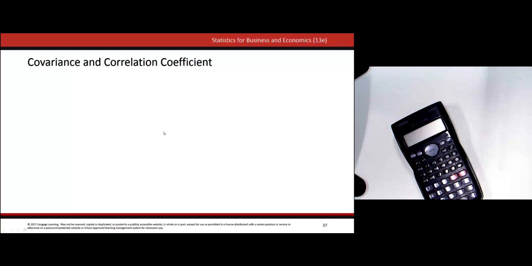Now let's look at one example. We have xi and yi values. Now we will see how to calculate the covariance and correlation coefficient.